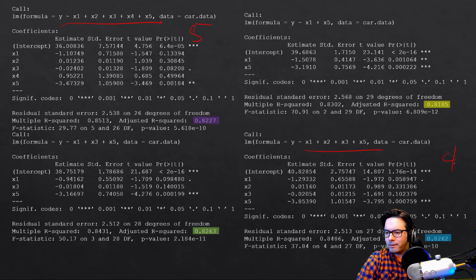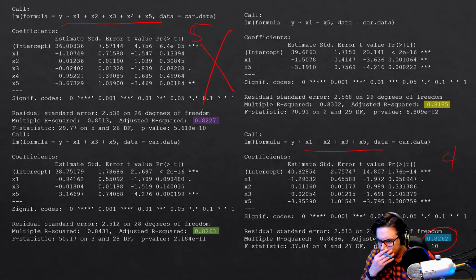Model 4 has fewer predictors, and it also has a better adjusted R squared: it's 0.826, and this is 0.822. So model 4 has a better adjusted R squared and fewer predictors. So we don't want to consider this one either.